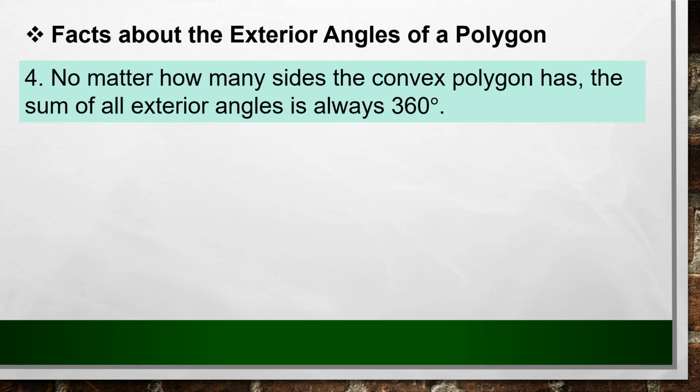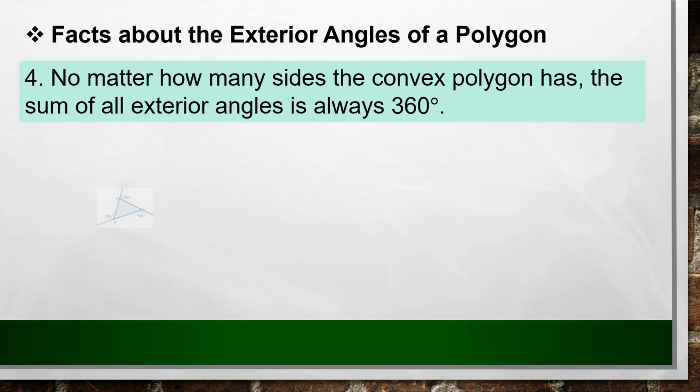So the sum of the interior angles of a triangle is different from that of a pentagon and a quadrilateral. But for the exterior angles, the sum of the exterior angles of a polygon, whether it's concave or convex, I don't know, maybe I'm wrong, but I believe so, is always 360 degrees.